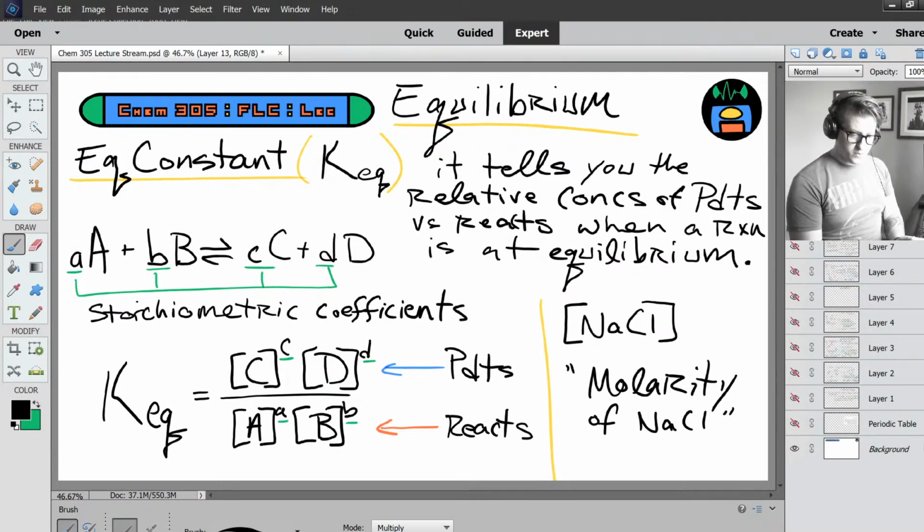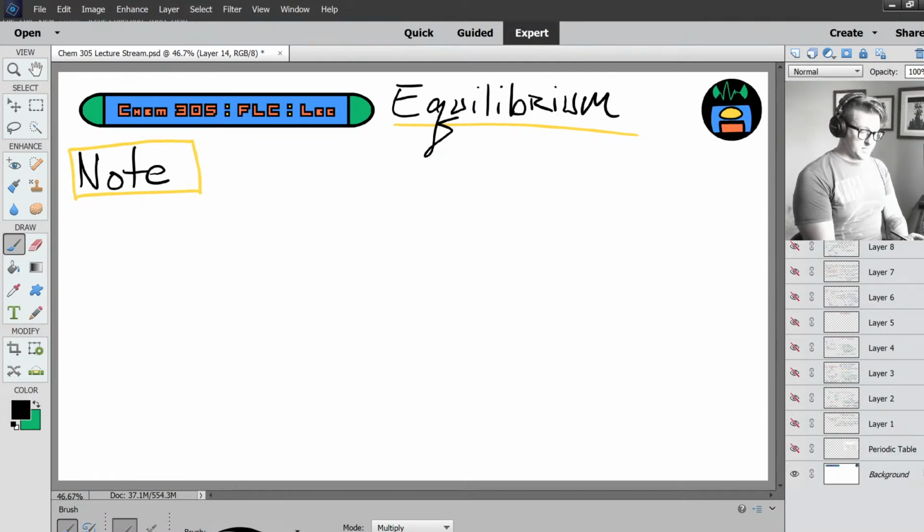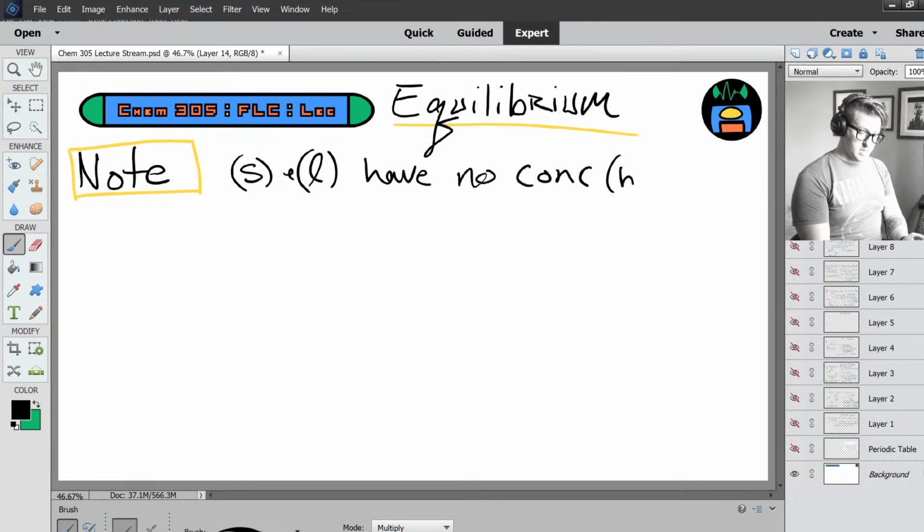One thing to note, and unfortunately I got to go to a new page here. Something that you should know and be careful of is solids and liquids have no concentration. This is because they are pure substances.